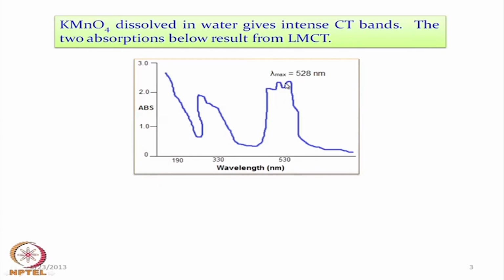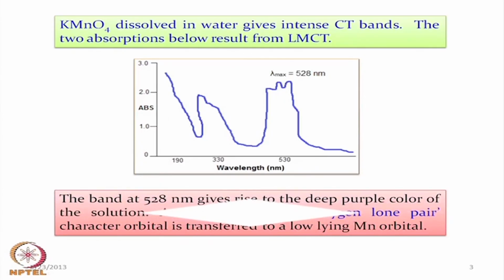So we can get this in the spectrum. This 528 nanometer band gives rise to the deep purple color. It is the color due to the solution and an electron from an oxygen lone pair. So all the 4 oxygen atoms in KMnO4 we can consider as the corresponding filled level.